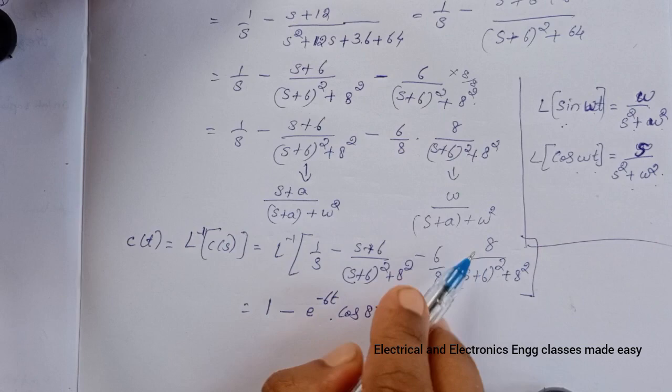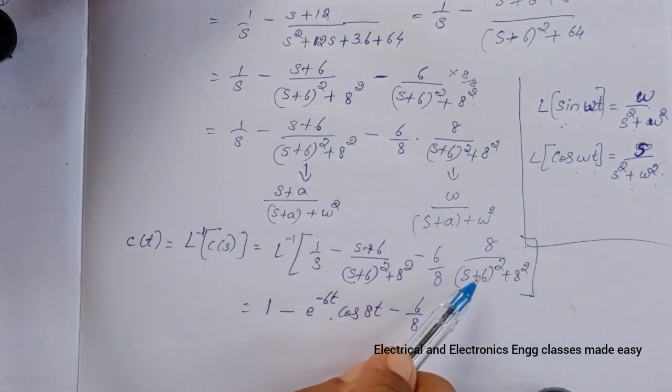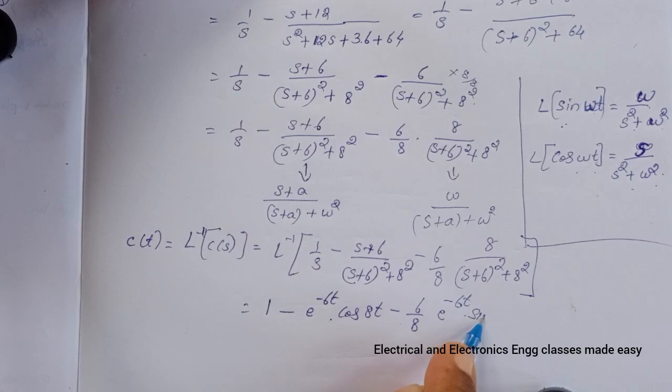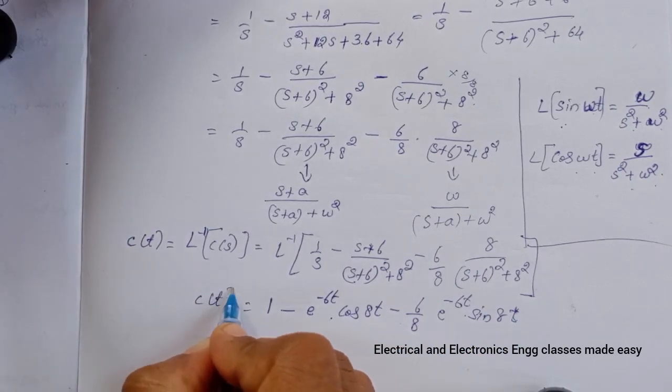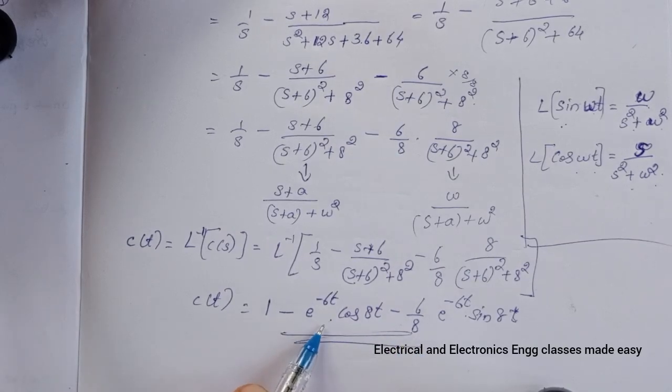So we get sine 8t, but here also this s is s plus 6. So we have to put e raised to minus 6t into sine 8t. So this is the response in time domain: 1 minus e raised to minus 6t cos 8t minus 6 by 8 e raised to minus 6t sine 8t.